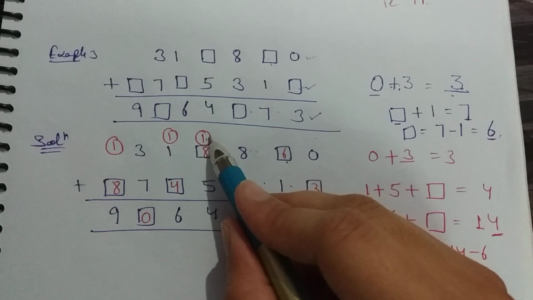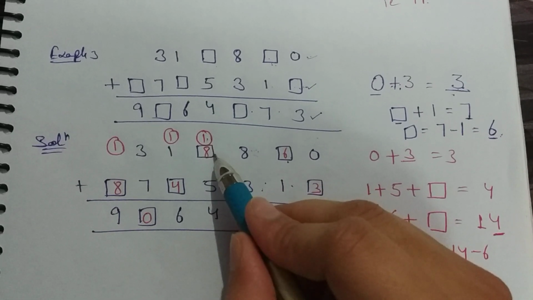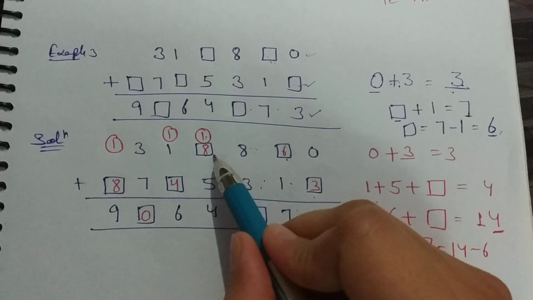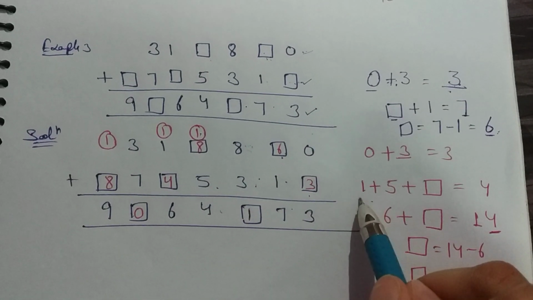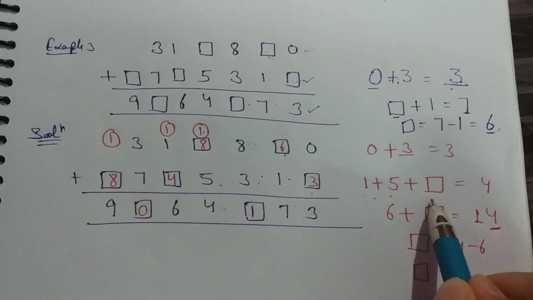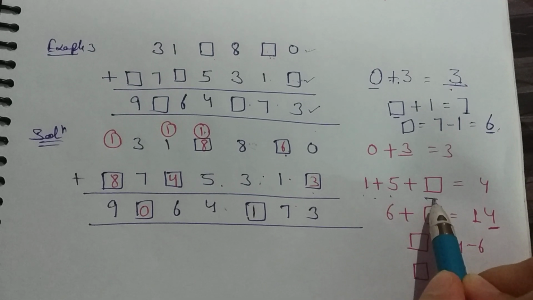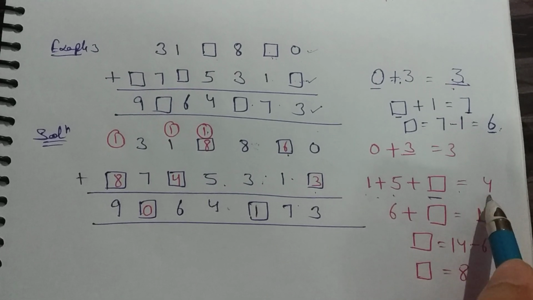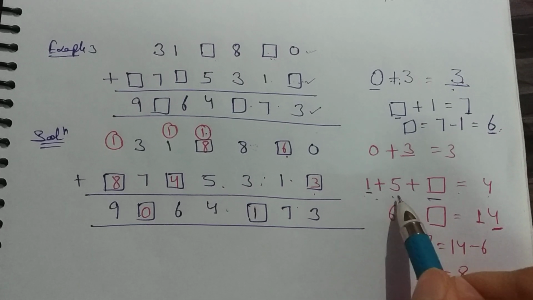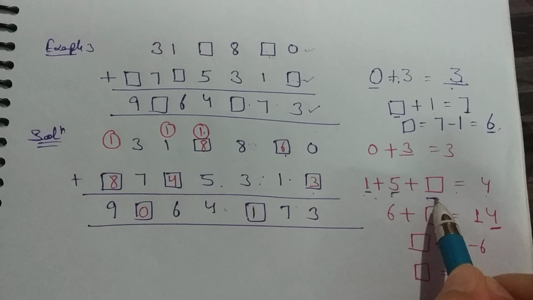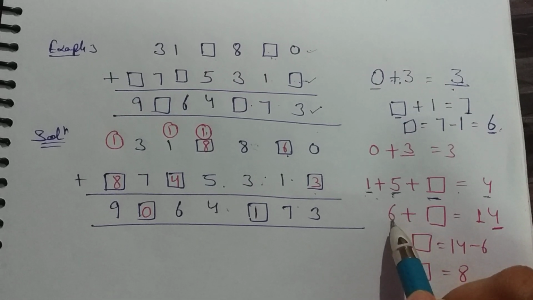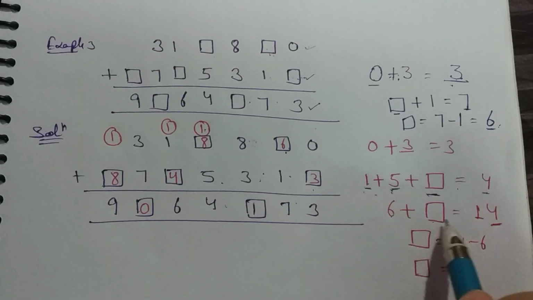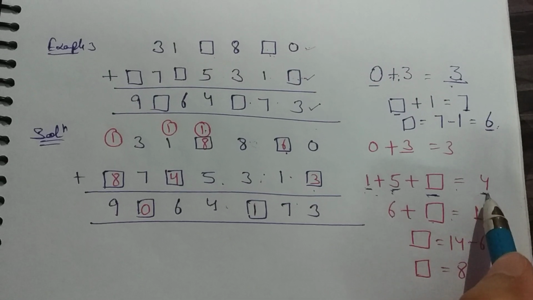Now see this. 1 carry, then this place is vacant, plus 5 gives 4. 1 plus 5 plus addend is equal to 4. This is carry, this is addend 1, this is addend 2, and this is sum. 1 plus 5, 6, plus addend 2 is equal to 4.